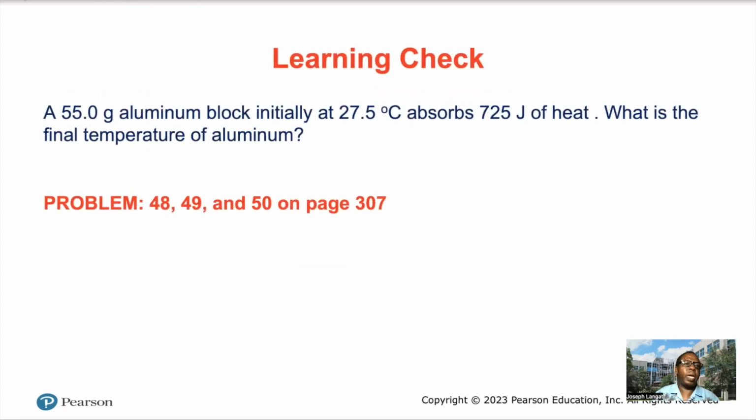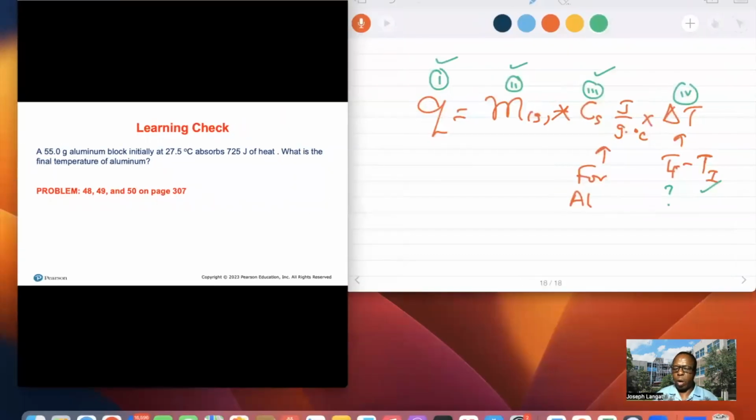So Cs for aluminum is 0.903 joules per gram times degrees Celsius.